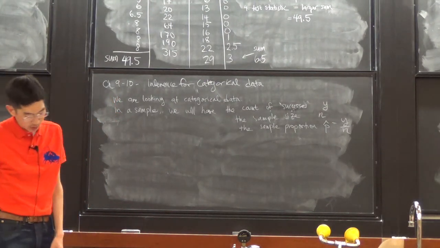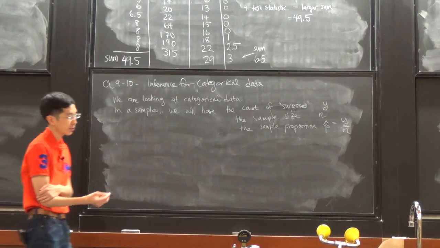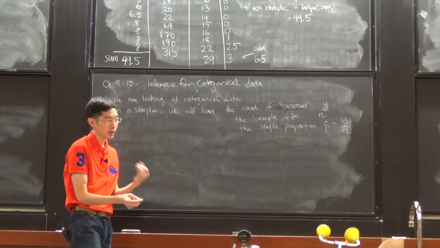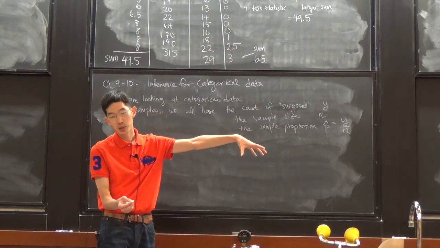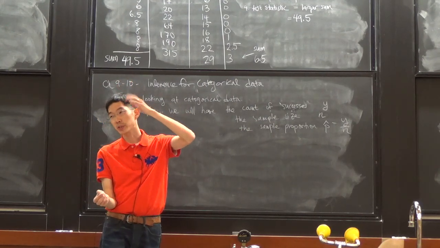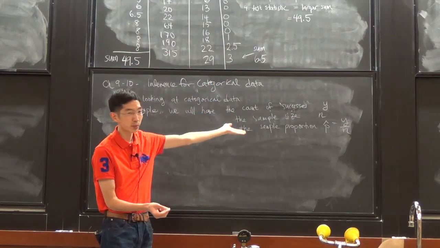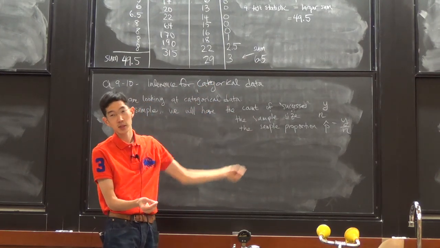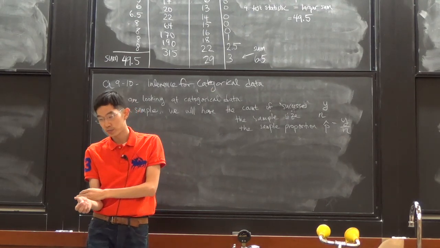So we can create a confidence interval for P. Again, the idea behind a confidence interval is based on what we see in a sample, we're trying to infer something about the population. So if we observe a sample with some proportion P hat, what does that tell us about the proportion that exists in the population?